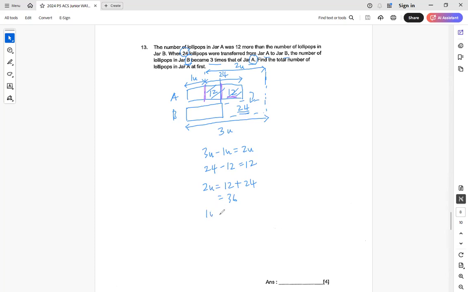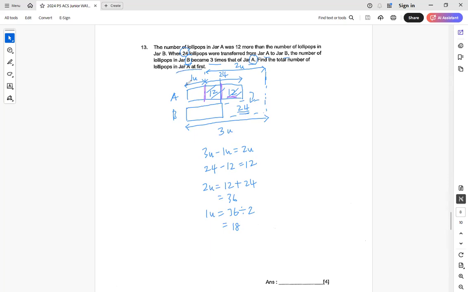Always have to find 1 unit. I take 36 divided by 2, and I will get 18. Once I've gotten 1 unit, you just go back and read the question to see what they're asking for. They want to find the total number of lollipops in jar A at first.